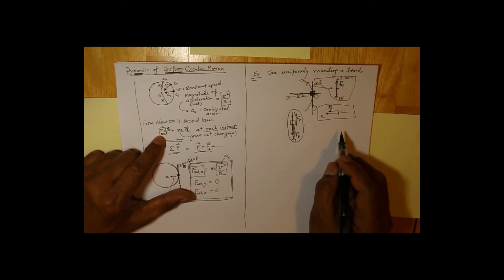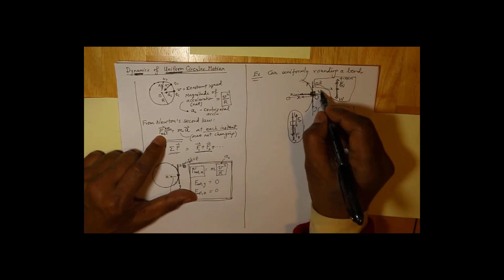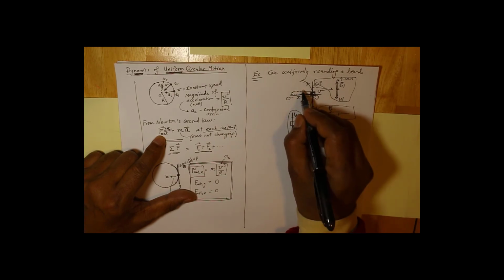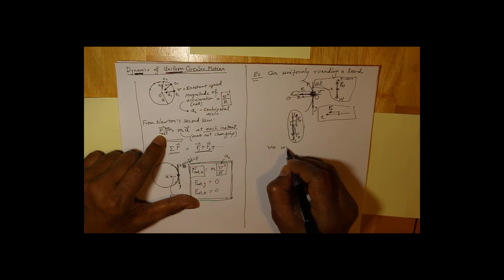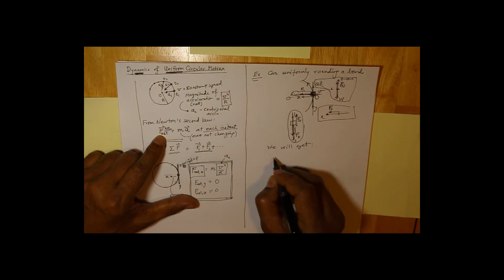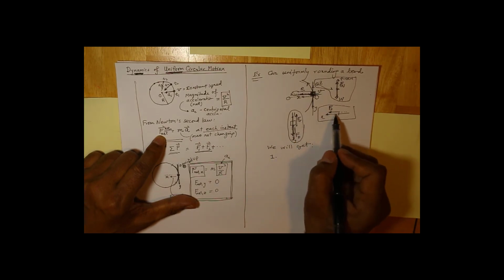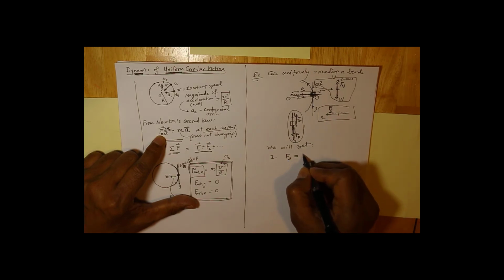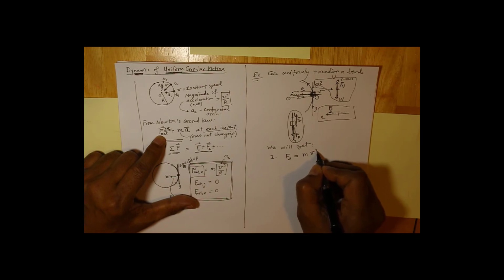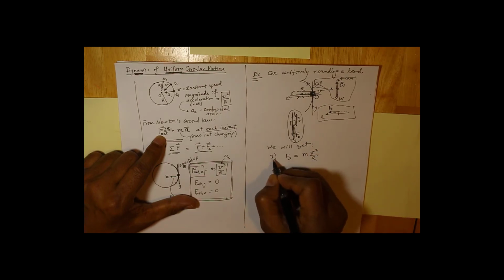So what do we get in the car? If the speed here is v and the distance here is r, then we will get one equation along the x-axis, which is F sub s equals mass of the car times v squared over r. So that's one equation.